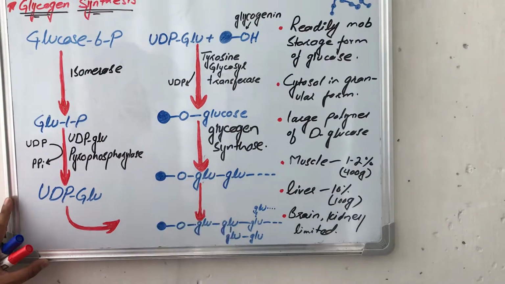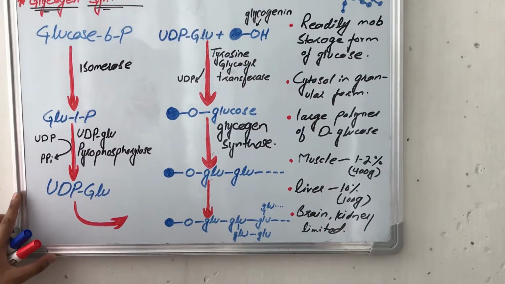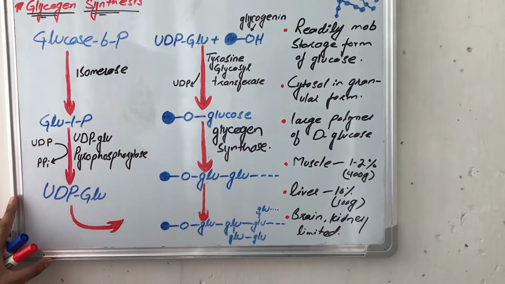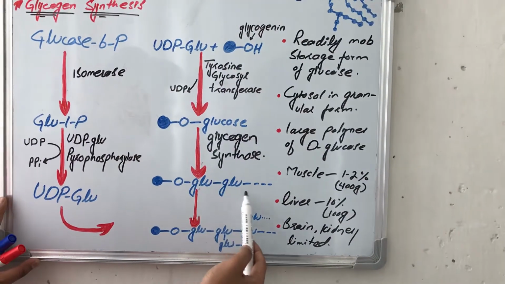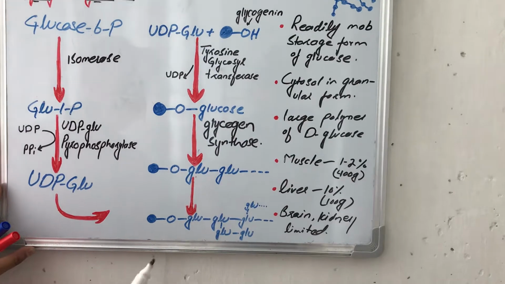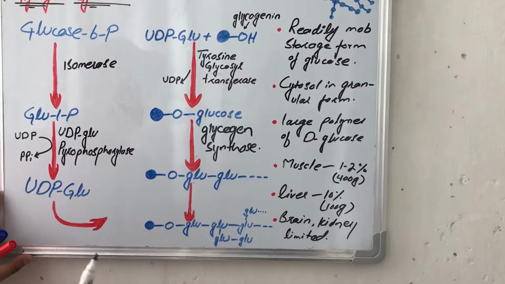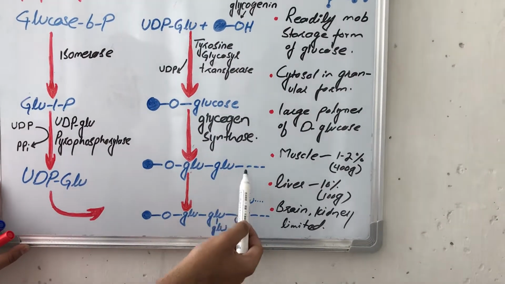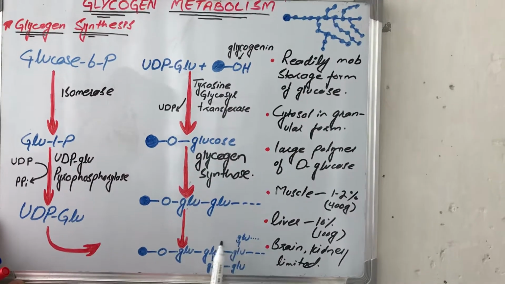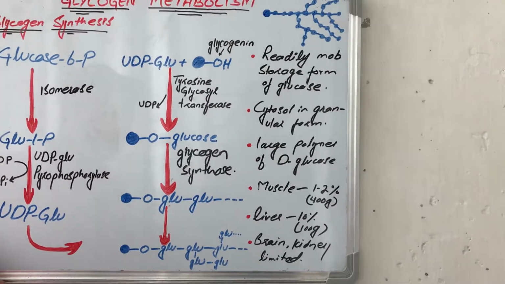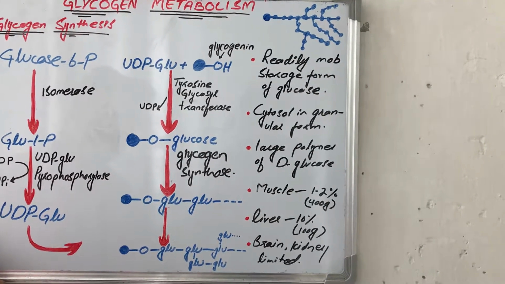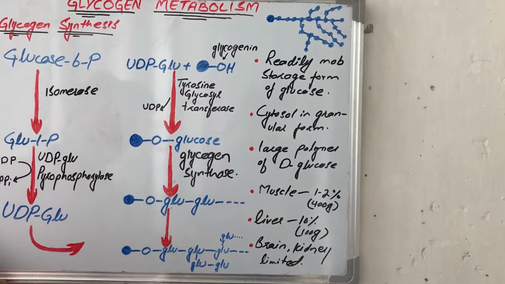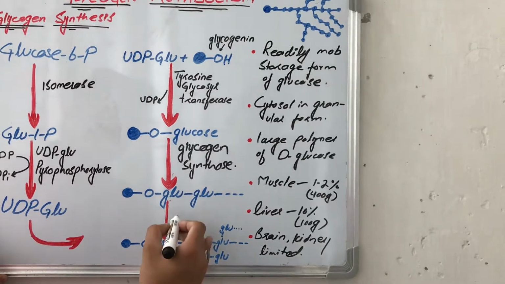This long chain of glucose is further added to at different positions by glucose. The long chain is synthesized by glycogen synthase, and glucose is added to different sides of the long chain by enzymes called branching enzymes.